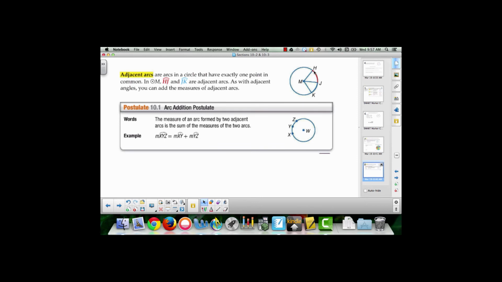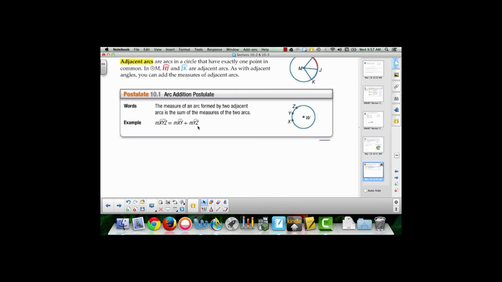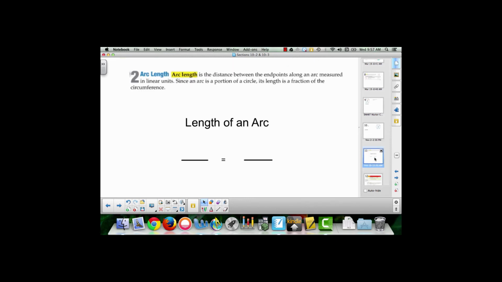So the measure of arc HJ plus the measure of arc JK is equal to the measure of arc HK. We can see the same in this picture here, that these two arcs, XY and YZ, add together to give us the measure of arc XZ.